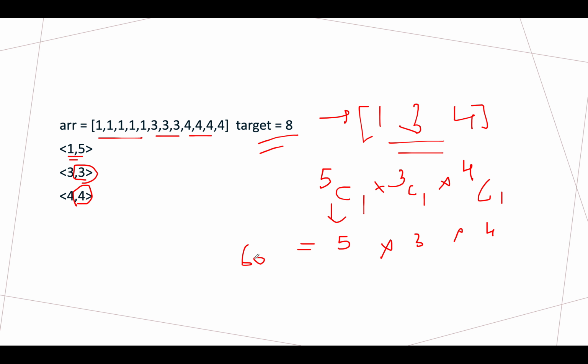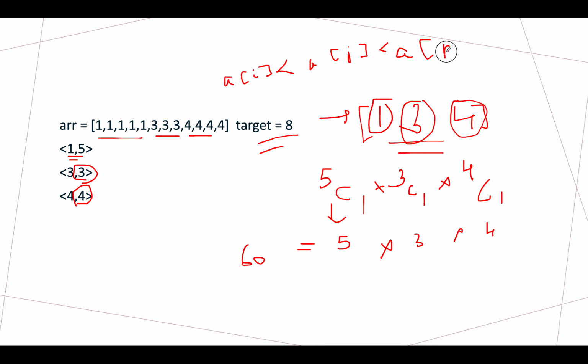So here we understood one important concept. When the number of elements differ from each other, that means A of i is different than A of j and A of k, then we need to count the frequencies of each of those elements and use the formula NC1 for all these three frequencies and multiply them with each other.